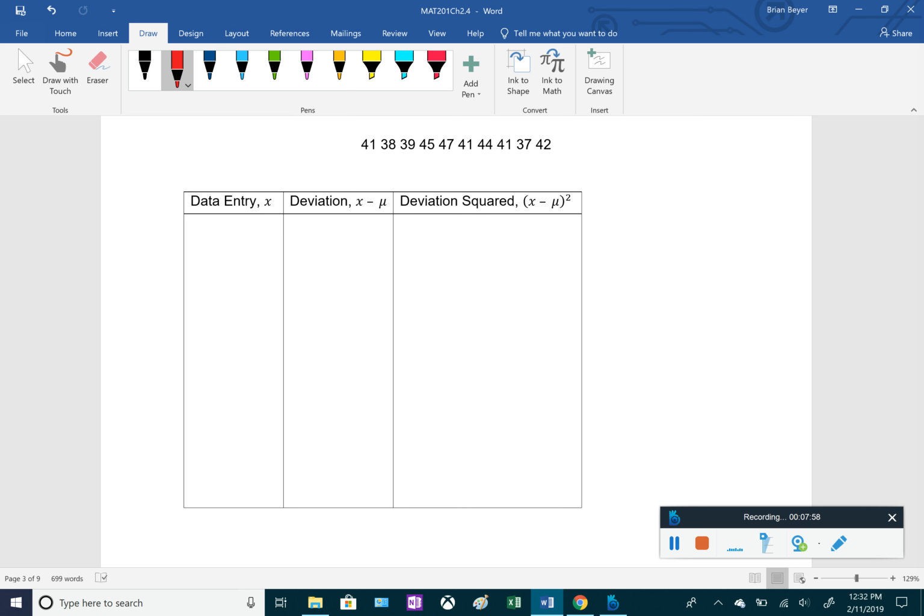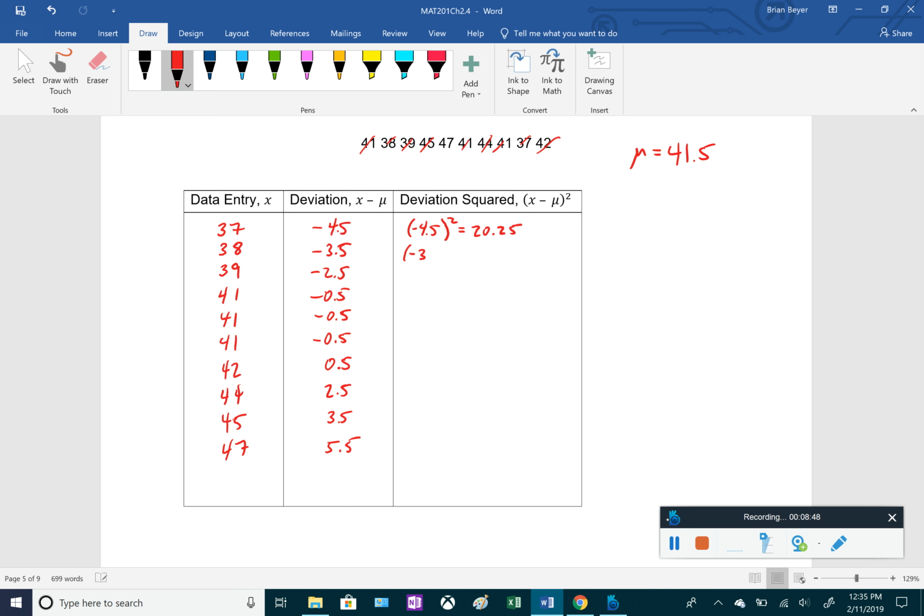So for the next step, the deviation squared. We're just going to take each one of these deviations and square it. So negative 4.5 squared. You plug that in the calculator and say that's equal to 0.25. Or, whoops, just kidding. That one's equal to 20.25. I was looking at the wrong one there. For the next one, negative 3.5 squared.